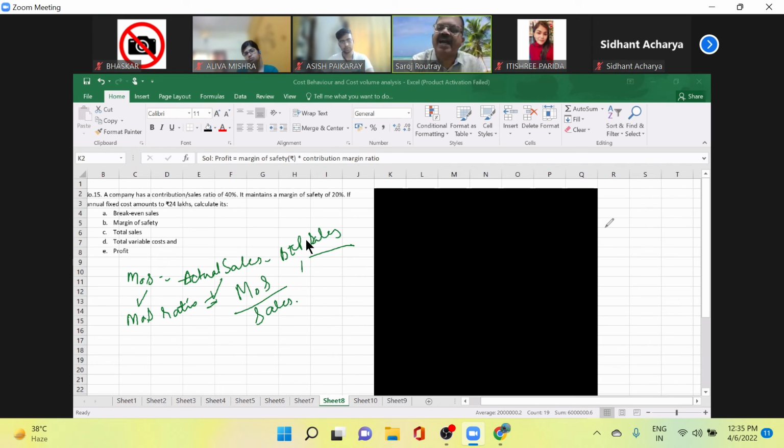And I said that margin of safety is something which you get once you get the break-even point. After break-even point, whatever sales you have is your margin of safety. There you get profit if you have a positive difference between your sales and variable cost. So margin of safety is actual sales minus BEP sales.